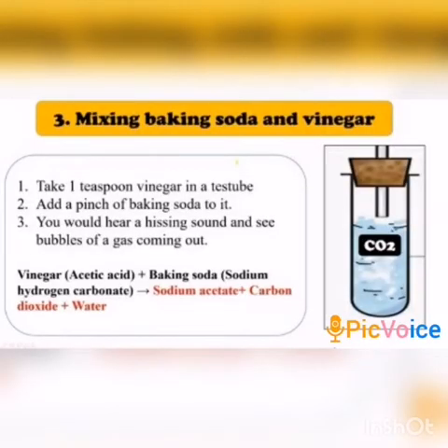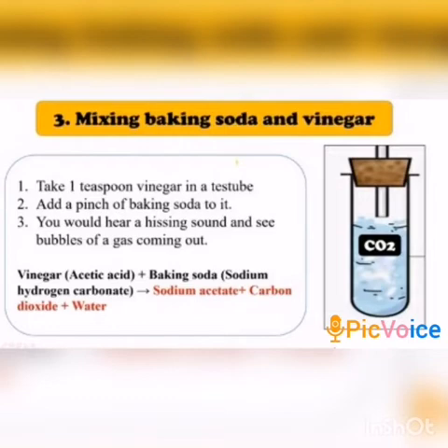The next activity we are going to learn is mixing baking soda and vinegar. Already we have learned about these two. Vinegar is nothing but acetic acid, and baking soda is nothing but sodium hydrogen carbonate, or sodium bicarbonate.